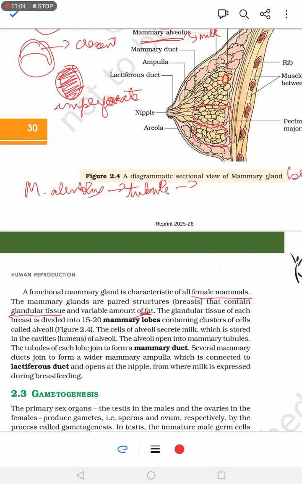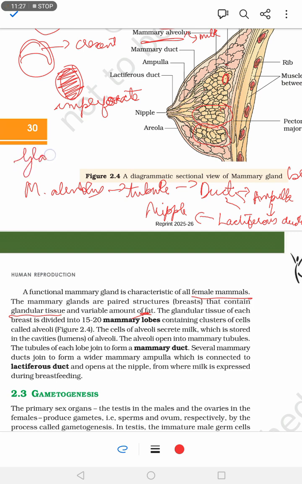Each tubule joins to form the mammary duct. Then all the ducts join into a wider ampulla. From the ampulla it goes through the lactiferous ducts and is expressed out of the nipple. So this is the glandular structure of a mammary gland.